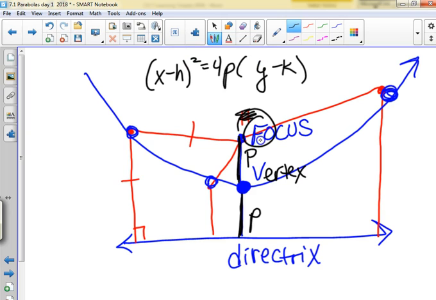Everybody see that formula at the top of the parabola that's opening up and down? If I rearranged this so that it was in vertex form, everybody paying attention up here? I would take this and divide it over to this side, so I'd have 1 over 4p. And then I'd add the k over to this side.